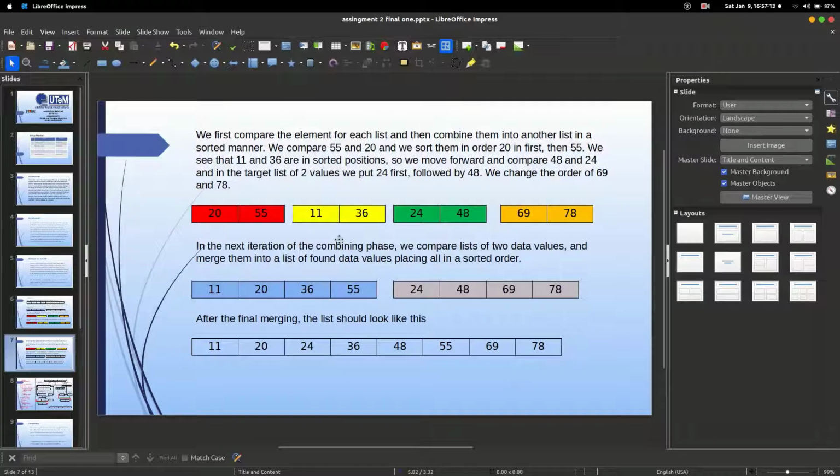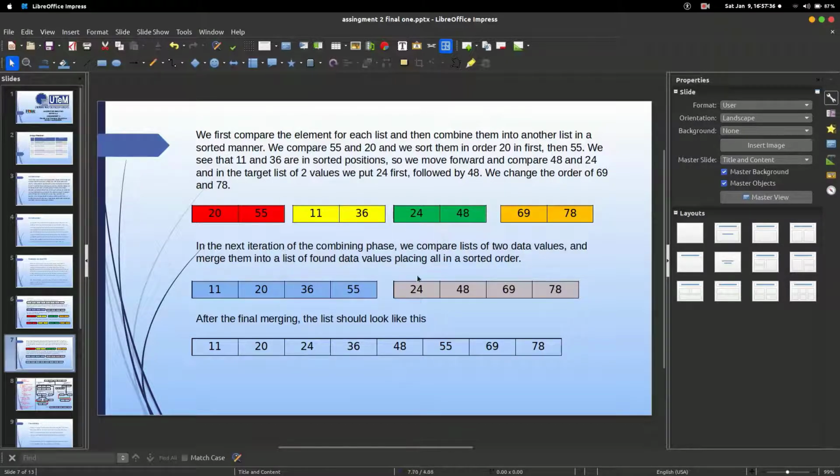The next step is to match these two and these two, and check which one is smaller.